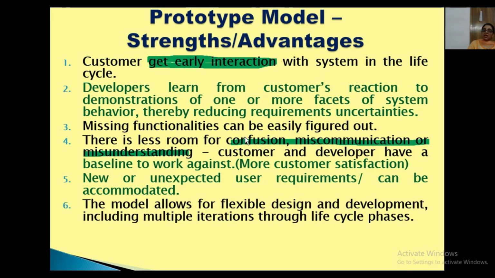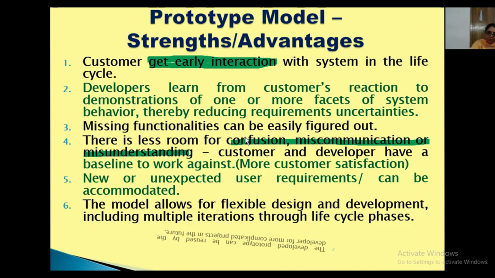The model allows for flexible design and development, including multiple iterations through the life cycle phases. With every prototype, you can improve the design, you can improve the requirements, the overall structure of your prototype as per the new suggestions, feedback or the requirements generated by the end customer.